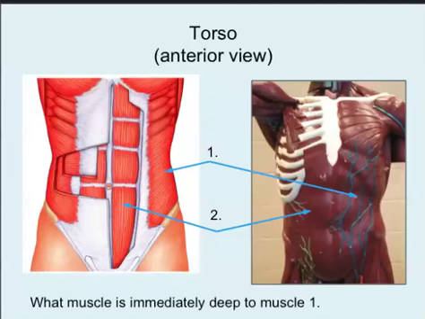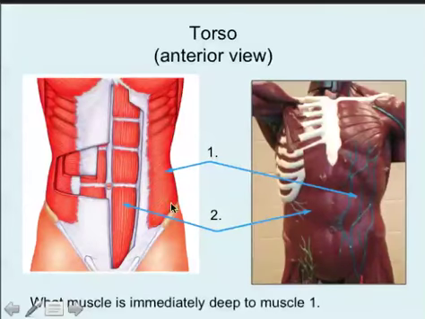The muscle deep to number one is the internal obliques, whose fibers run perpendicular to these fibers, so they're going to run in this direction here. The rectus abdominis dominates at midline. The internal and external obliques dominate on the lateral aspect of the abdominal pelvic cavity.